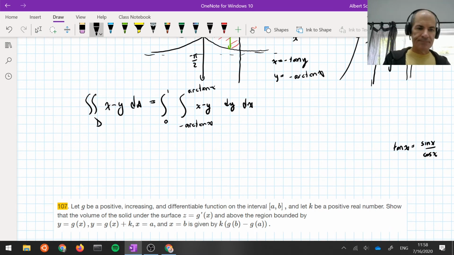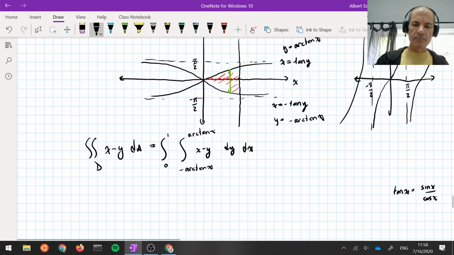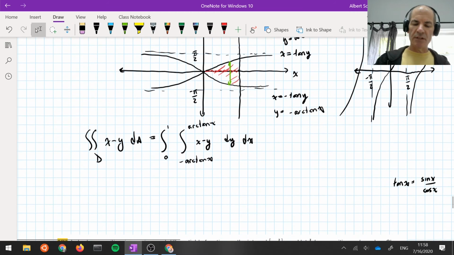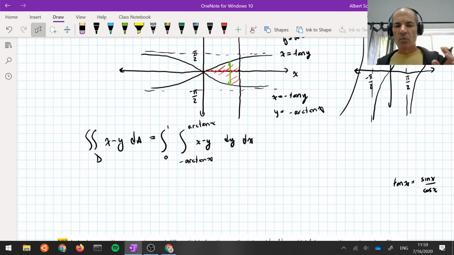All right, I've done this one in my notes also. Let me see if I can find them here. All right, so I think here's another example of an integral that's really hard in one direction and perhaps a little bit easier in the other direction. So when you do this integral, you're going to start getting expressions involving the arctan, and the antiderivative of arctan is not one that I expect you to have memorized.